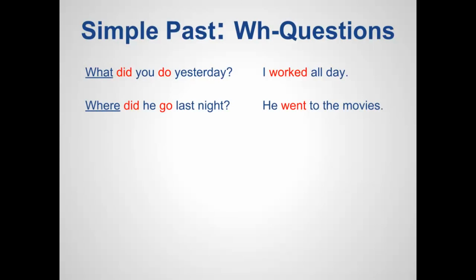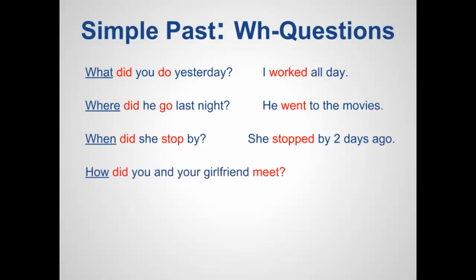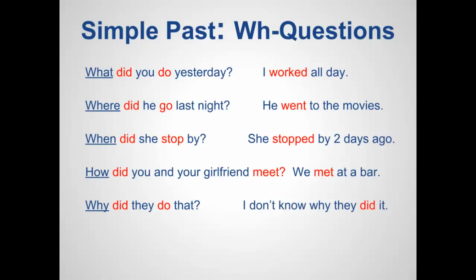He went to the movies. When did she stop by? She stopped by 2 days ago. How did you and your girlfriend meet? We met at a bar. Why did they do that? I don't know why they did it.